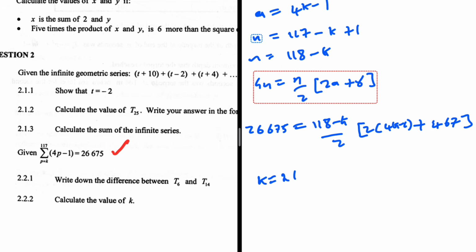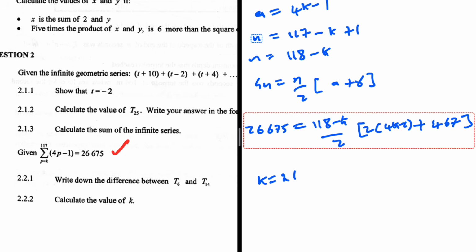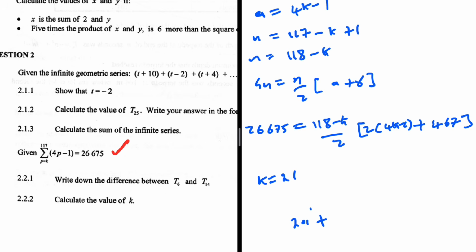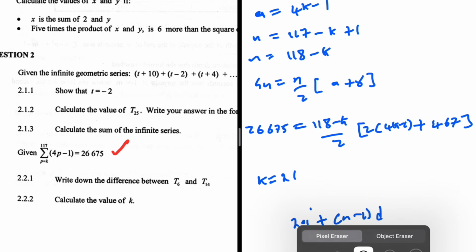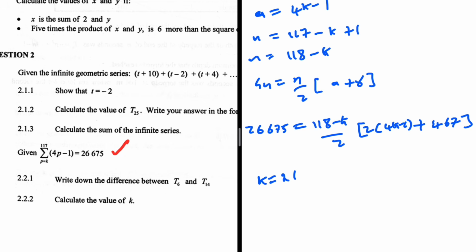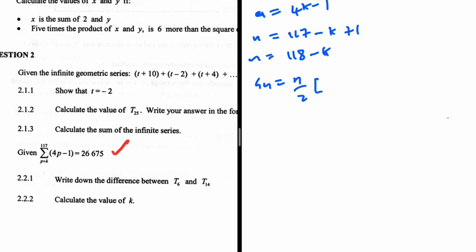I think I'm making a mistake with the formula here. Is it supposed to be 2A plus L, or is it supposed to be A plus L? I think it's actually supposed to be A plus L when we use L, right? Because let's think about it. We have 2A plus N minus 1 multiplied by D. I'm mixing concepts here, so let me just use 2A plus N minus 1 multiplied by D, because I don't have the formula sheet.